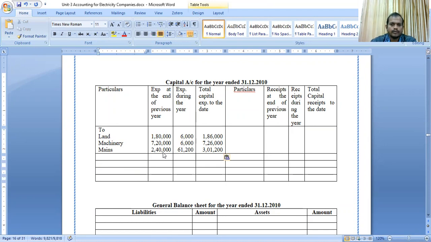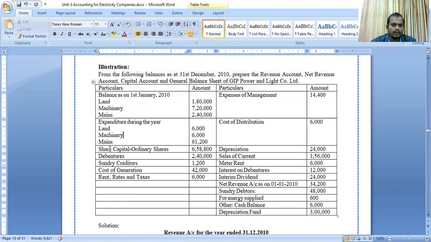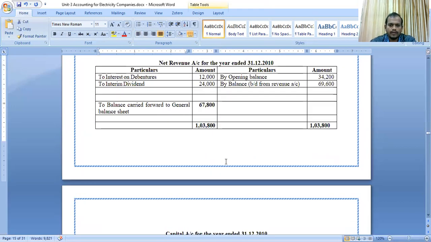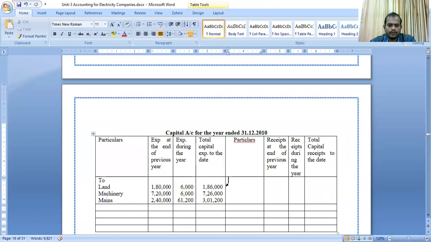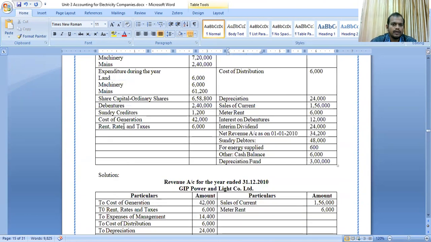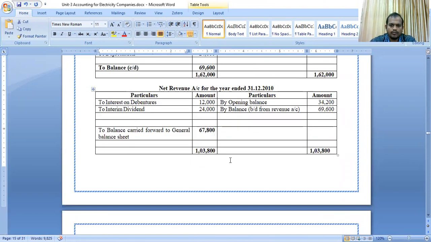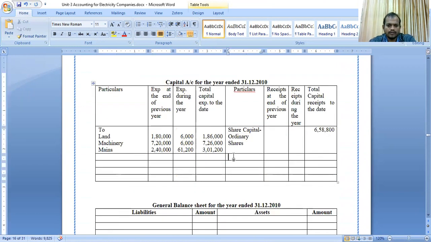So opening during the year, okay. Share capital 6,58,800. Share capital ordinary shares. Another one is debentures. Do not have any opening and during the year transactions.